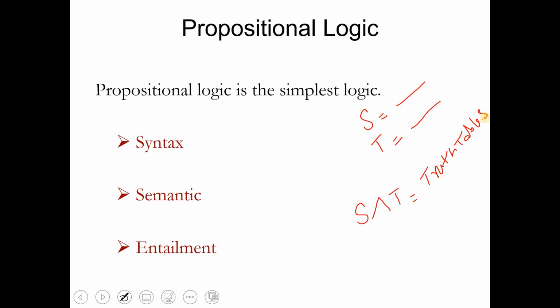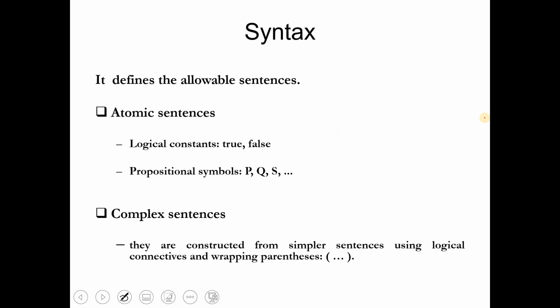So two things, and the last thing we will discuss is entailment. It is the same thing as you saw in the last chapter. It is inference. So the syntax first. Syntax of propositional logic defines the allowable sentences. Allowable sentences are of two types. Either sentences can be very basic, we call them atomic sentences, or sentences can be complex.